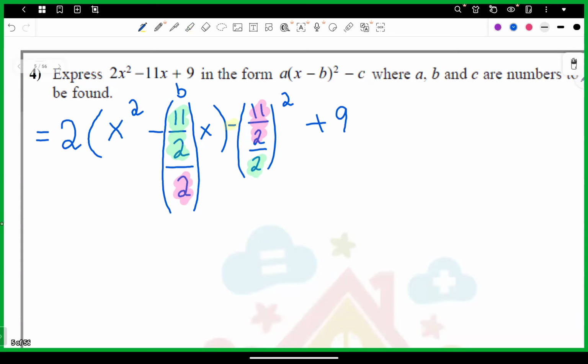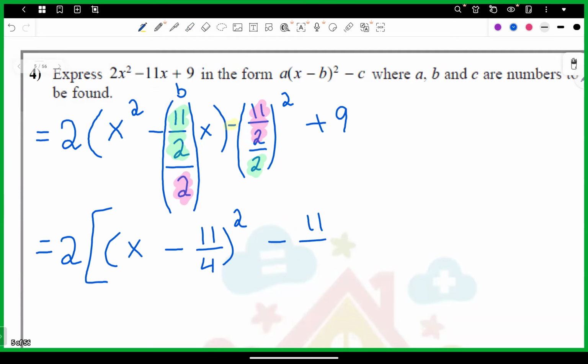So we have to have a big bracket and small bracket like this. So I have to make it like this, 2 multiplied by big bracket, x minus 11 over 4, this is squared, minus 11 over 4 squared, plus 9.